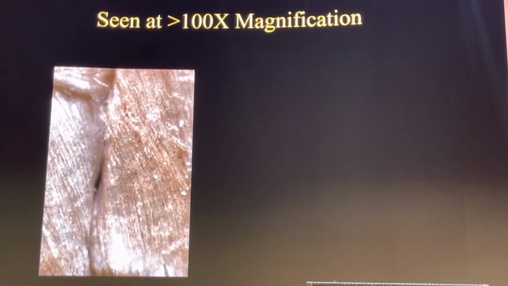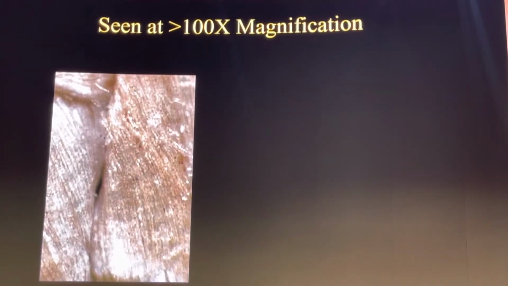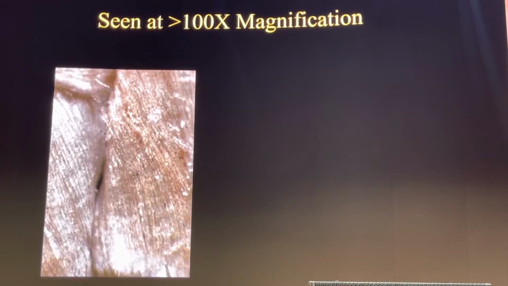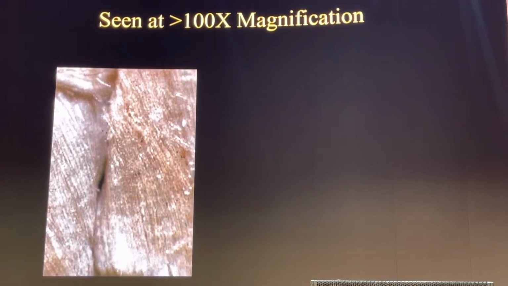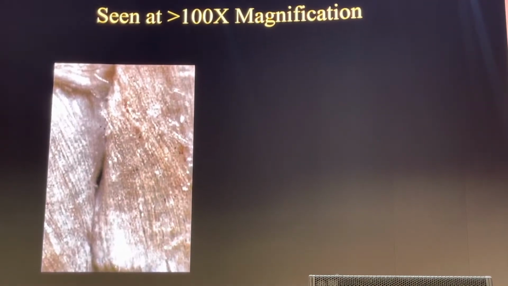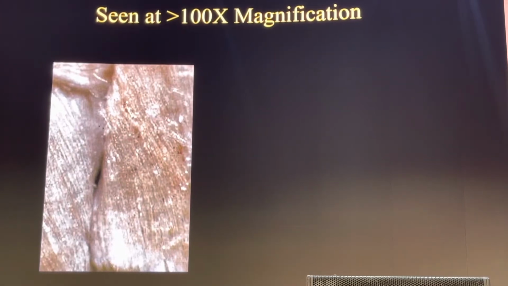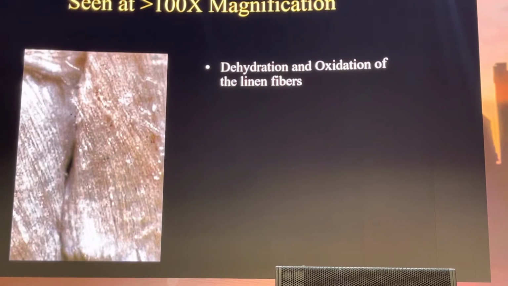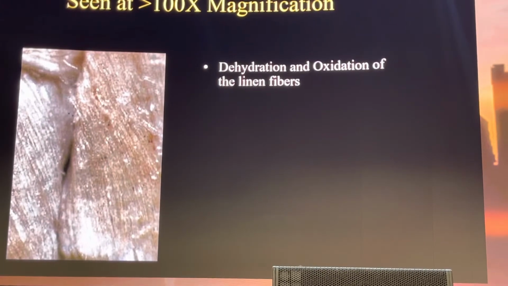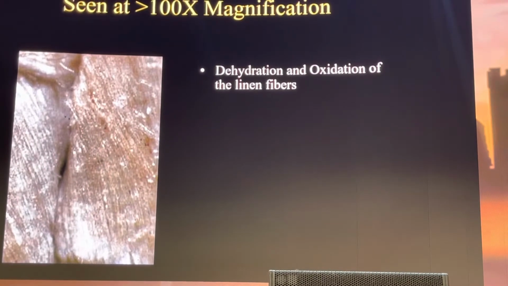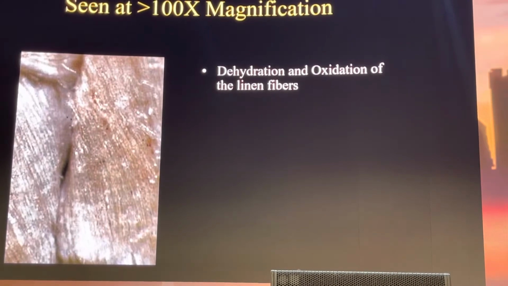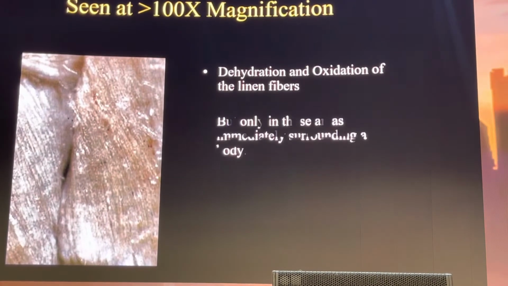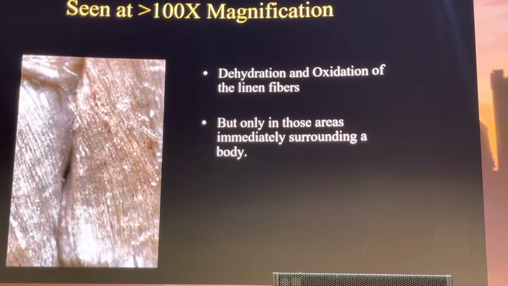But this is a portion of a single thread, and we see some yellowing on the top 1 to 2 microfibers. So here's the best chemistry we have so far, is that the image appears to be the result of an accelerated dehydration and oxidation of the cellulose fibers, the flax fibers, but only in those areas immediately surrounding a body.